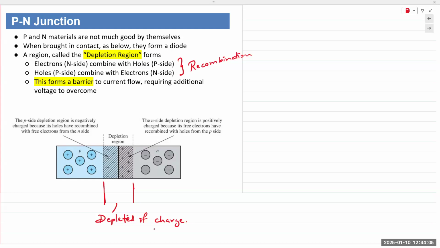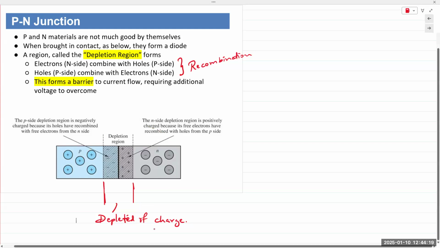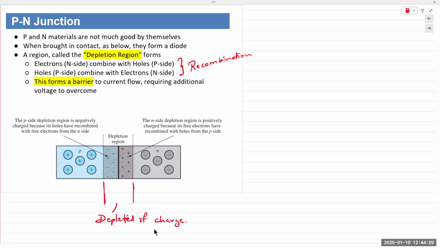And so there is a distance to which this depletion region extends into both the p and the n-type material, illustrated right here. At that point, it stops moving. The electrons and the holes stop moving into the opposite territory.